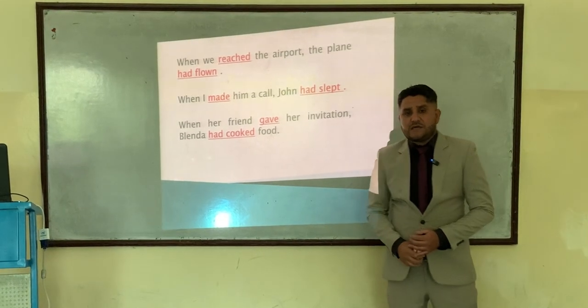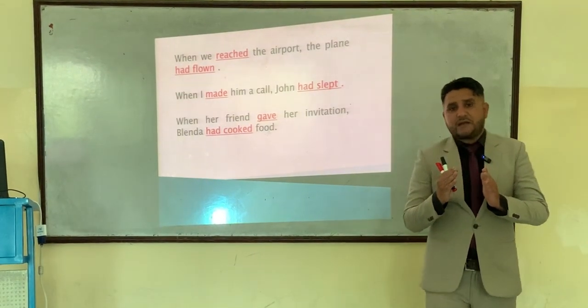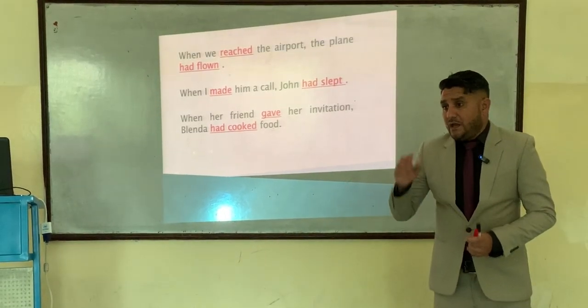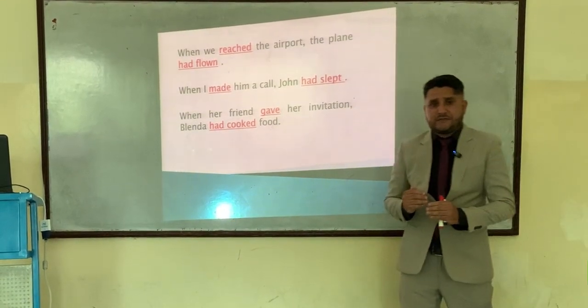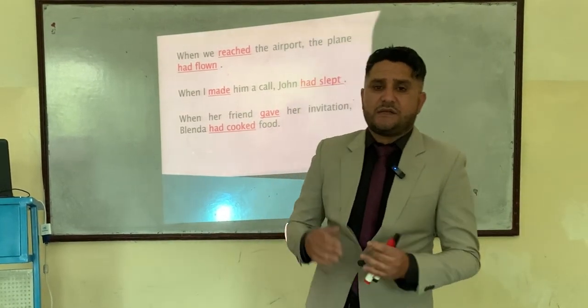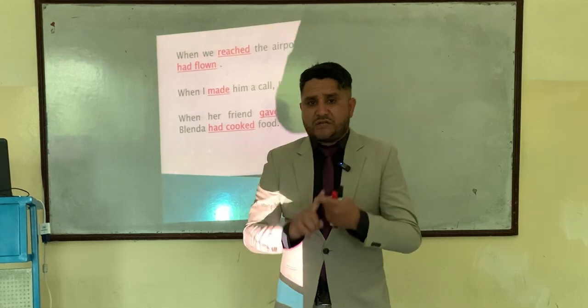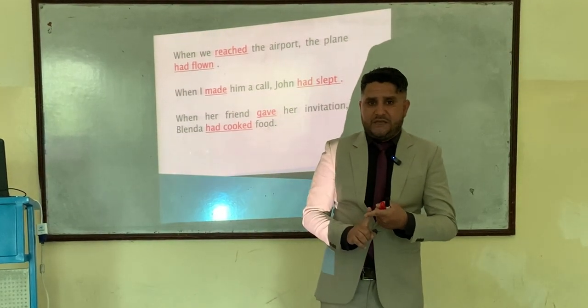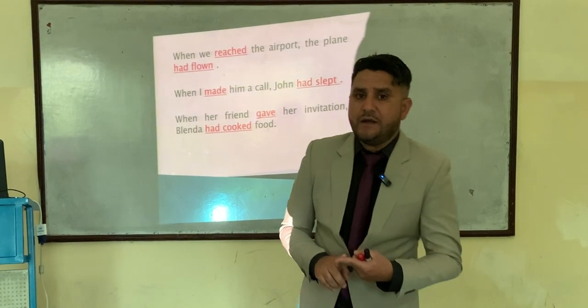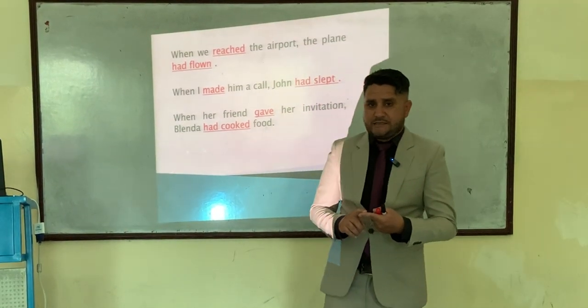Now dear listeners, the very common logic that I am going to discuss directly in this example is: if two actions in the past take place at the same time, the action that is completed first is in the past perfect, and the action that is completed later is in the simple past tense.